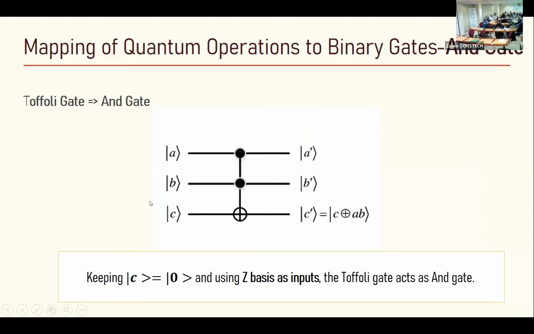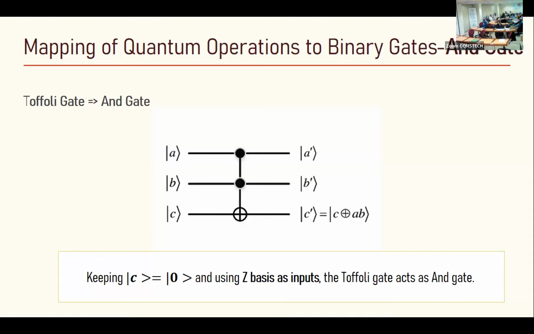Yes? Let me repeat. For the Toffoli gate to act as an AND gate, I shall keep the target qubit initialized to 0 at all times, and the input is given at the two control qubits. Okay?